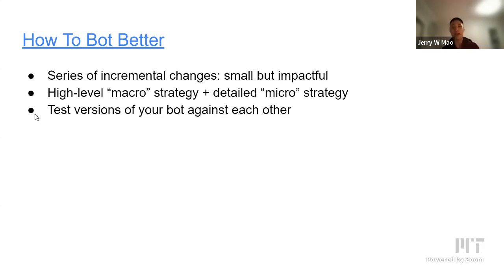As long as you continue to make these incremental changes, every single one will make a difference and make your bot that much better. As time goes by and you get more and more of these changes, you will definitely see a marked improvement in your bot's performance.